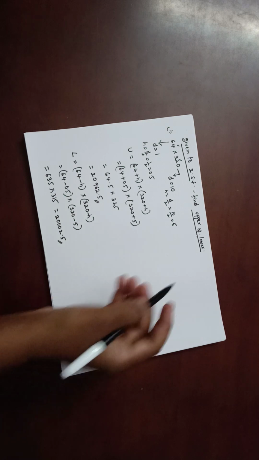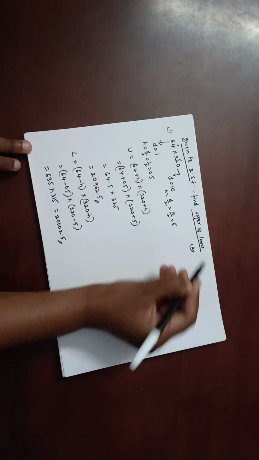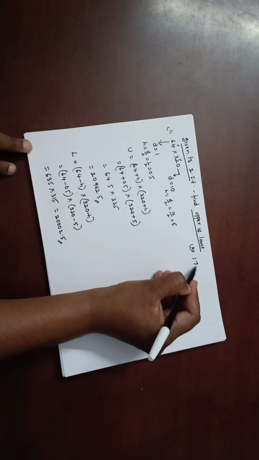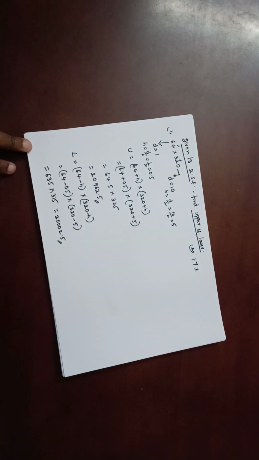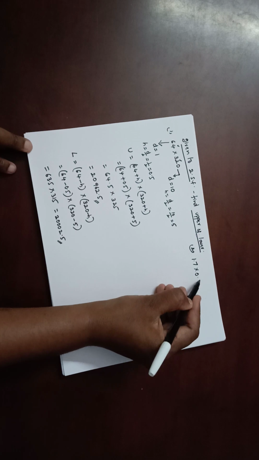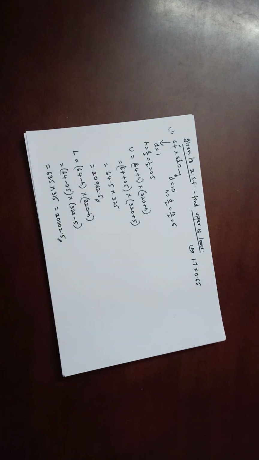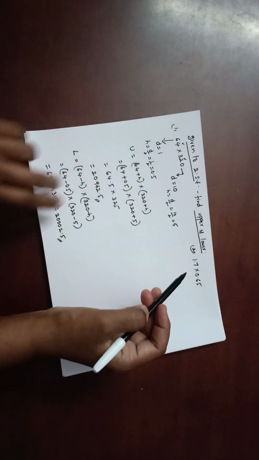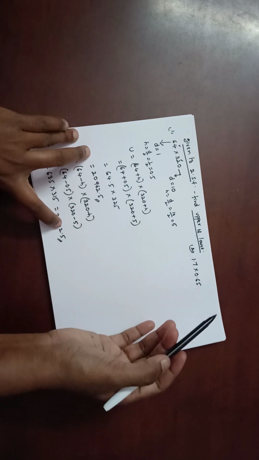Okay, one more bit I'll explain. See, 1.7 into 0.65, here decimal points are coming. You see, here also we are reading 1.7 from the highest place to the lowest place.